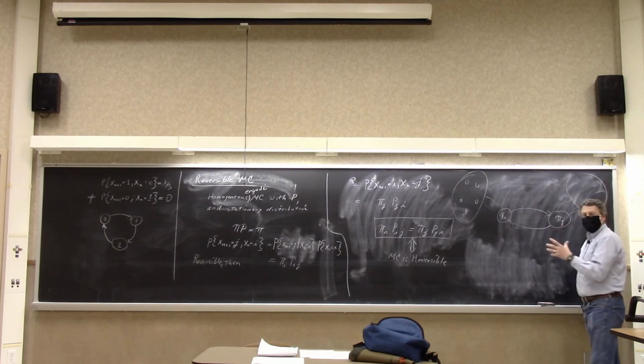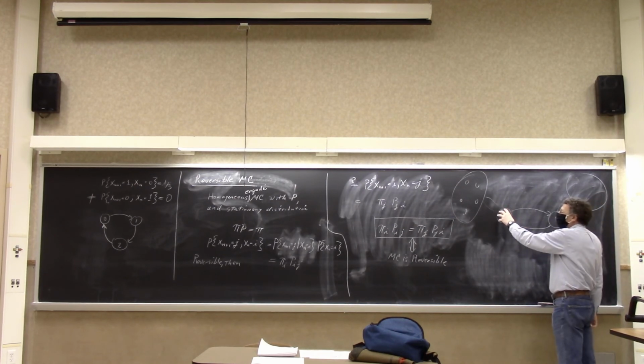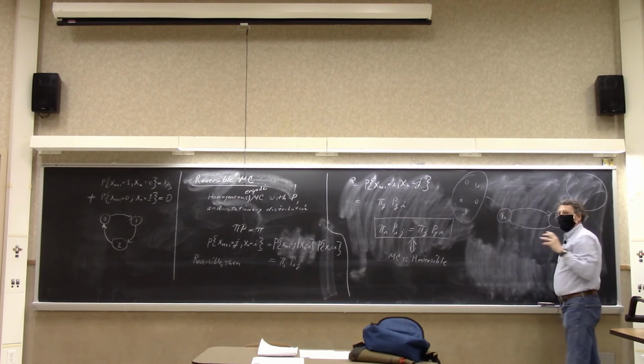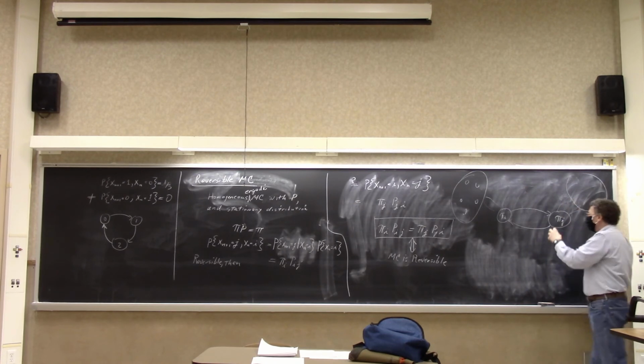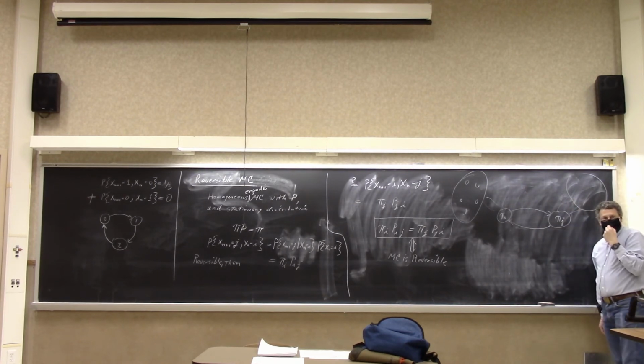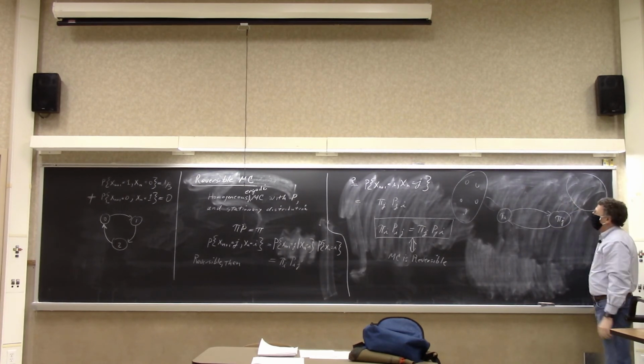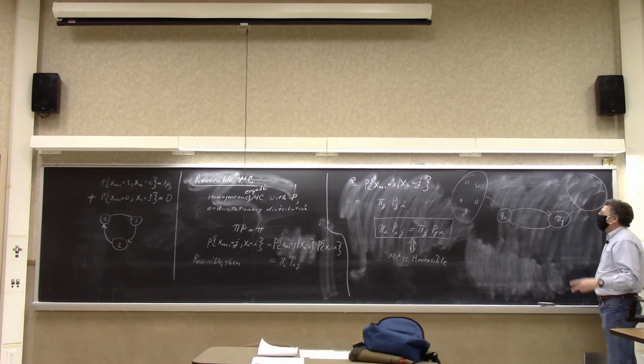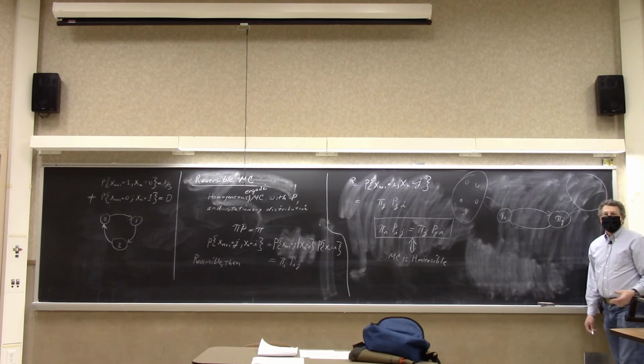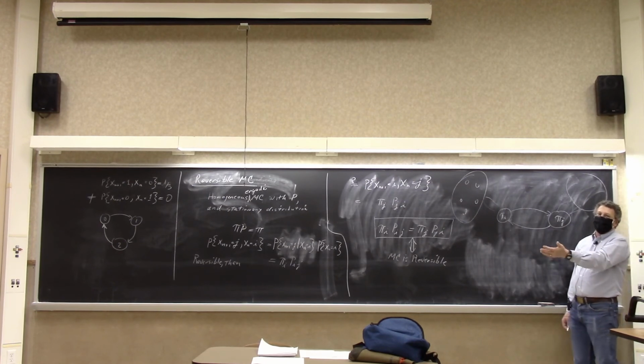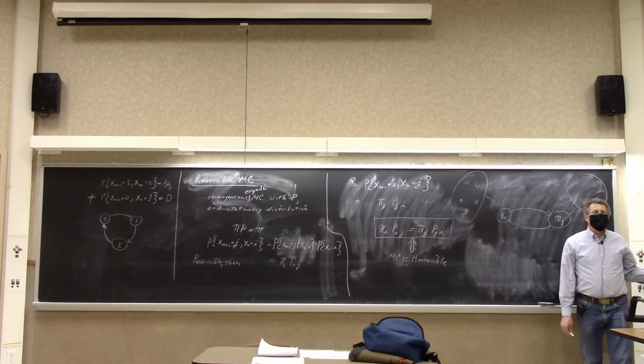So the chain is in steady state. When it's in steady state, there's some probability that you're going to be in state i, and there's some probability you're going to be in state j. It's as if you were going to visit and you had a lot of friends, and one night you stayed at one person's house, and the other night you stayed at another person's house.